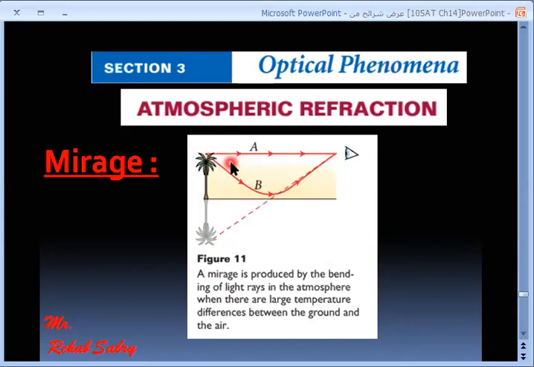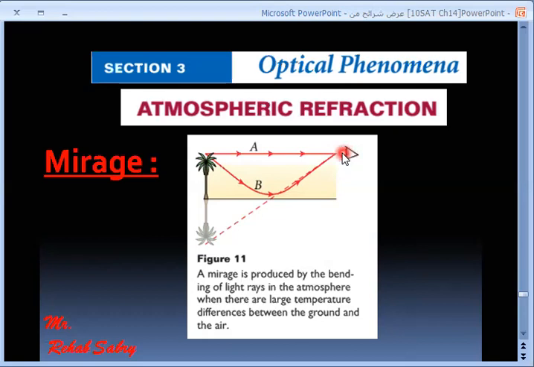Here total internal reflection happens. So this is the image of the top of this tree. The ray coming from the top of the tree undergoes some refractions, then total internal reflection, then reaches your eye. This is another ray coming parallel to the ground. It doesn't undergo any bending because it travels in the same temperature layer.